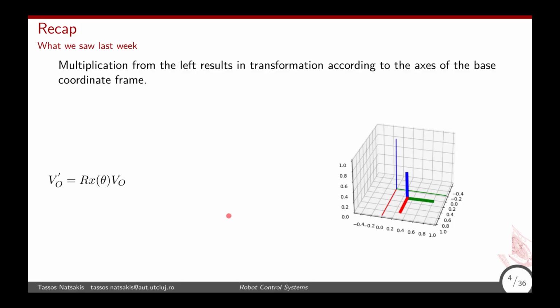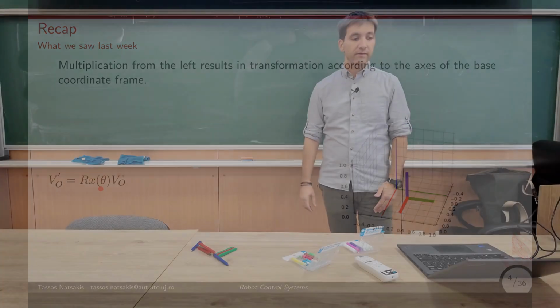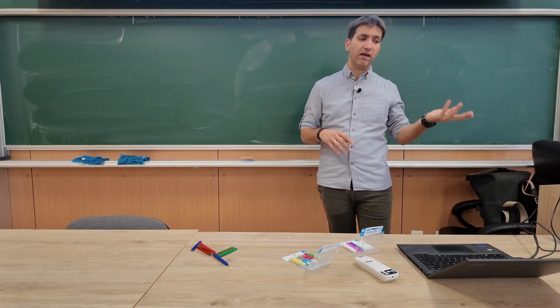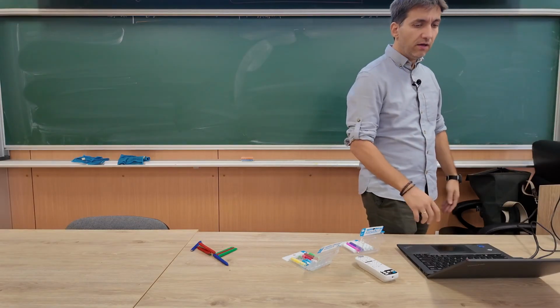If V0 represents a frame with respect to another frame, a reference frame, we can transform it by multiplying with a transformation matrix, let's say the rotation around X, right? And we saw we can do this either by multiplying from the left or from the right.